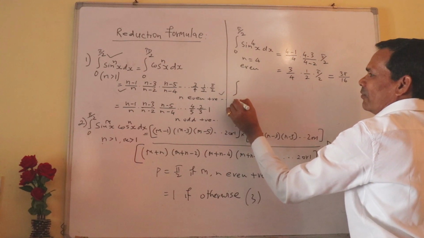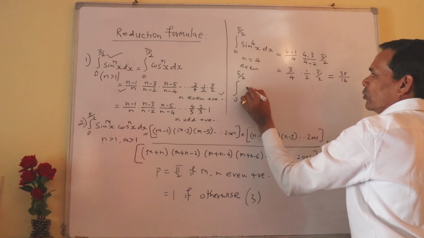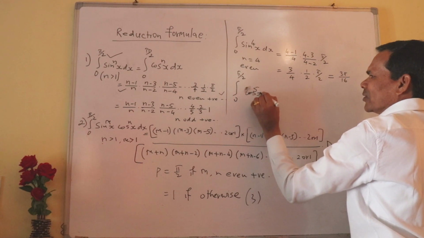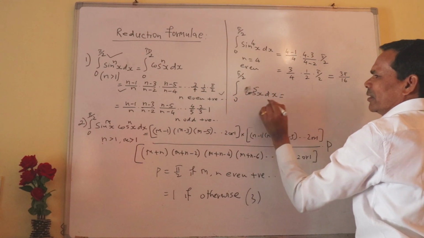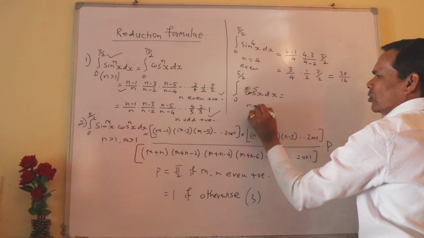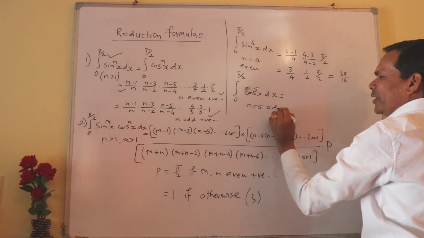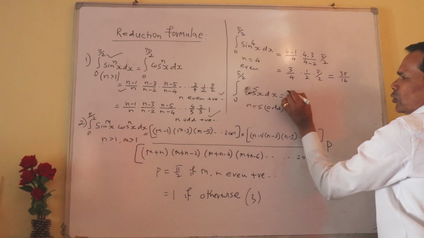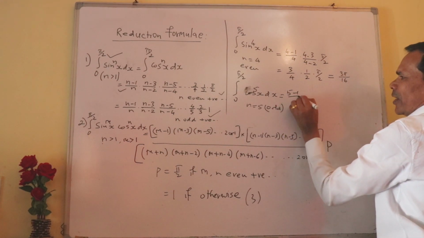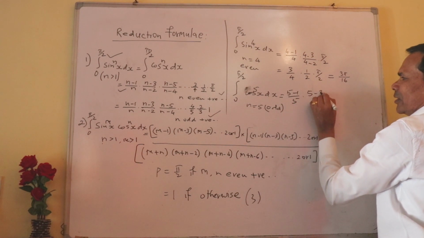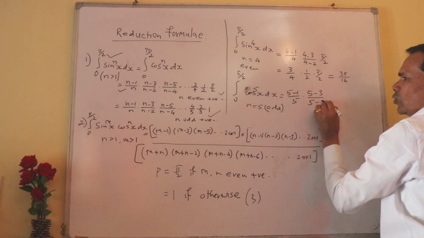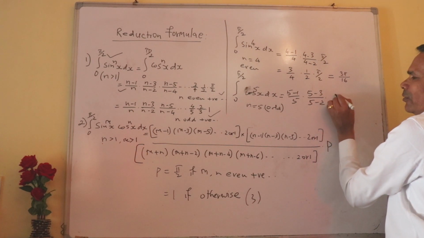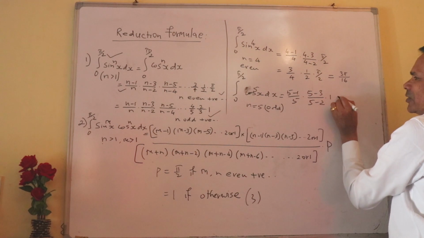Similarly, if you need to find the value of 0 to pi by 2 cos raised to 5x dx, then this formula is applied, because n is equal to 5, an odd positive integer. So I just use this formula here: (5 minus 1) upon 5, (5 minus 3) upon (5 minus 2), and the next value, 5 minus 5, becomes 0, so need not be considered.